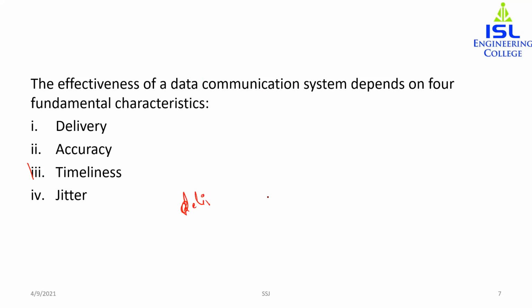Now, for the first, delivery: the system must deliver data to the correct destination, to the intended device or user. That is, if you are delivering the data, it should go to the device that you want it to go to. If you are delivering data from system A to system B, then it should go from system A to system B. It should not go to another system C. That is not correct.